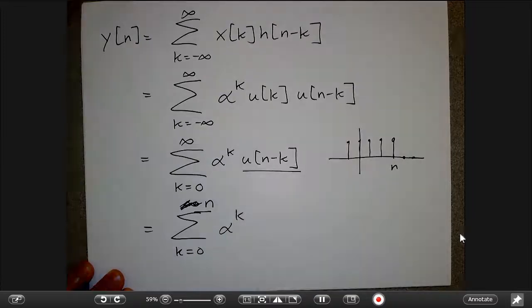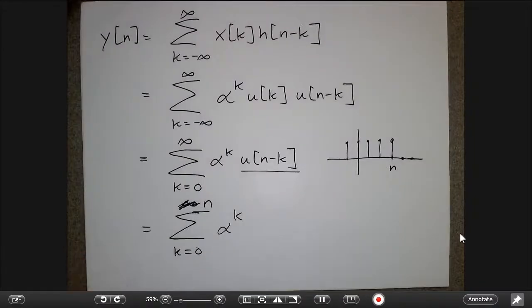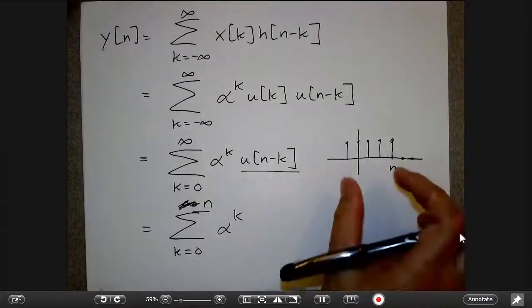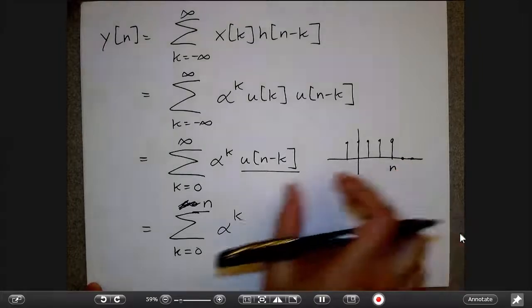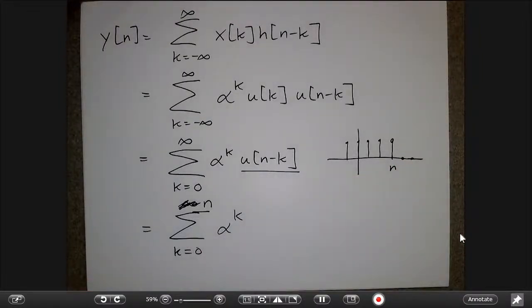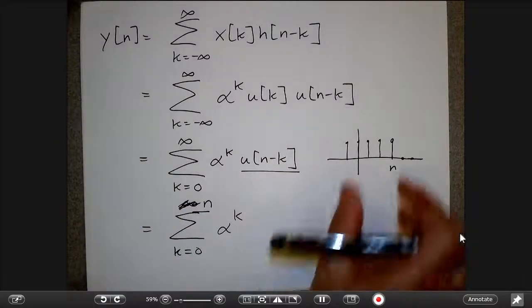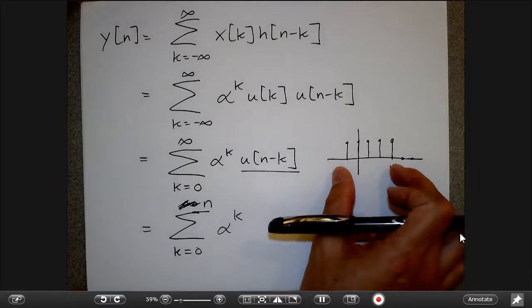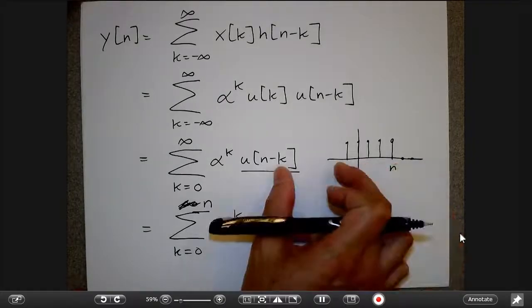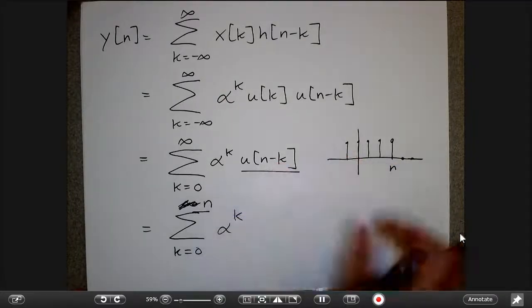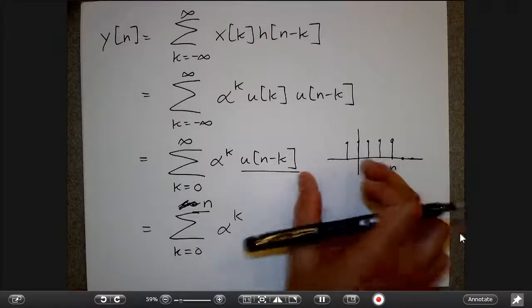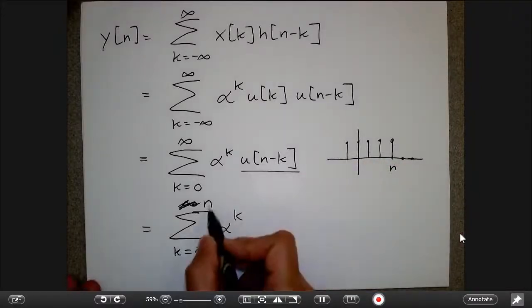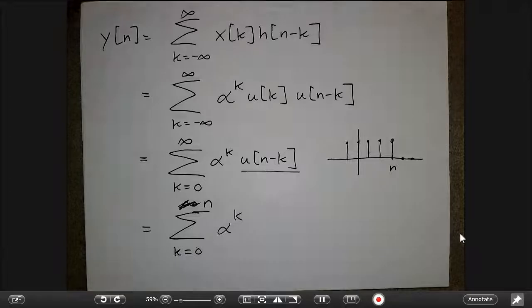But I have to be a little careful, because if n is less than 0, my k starts at 0. If my shifted impulse response is only non-zero over there, I'm going to get 0. So n has to be greater than or equal to 0 for this sum to make sense. Otherwise, this sum is going up to -5.